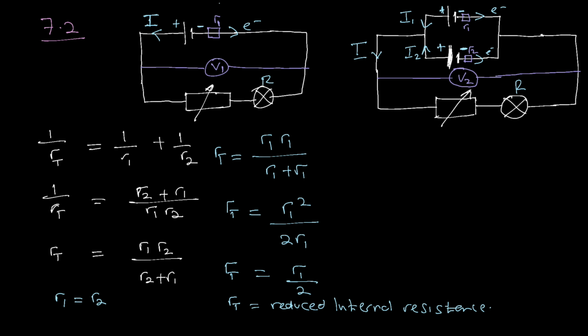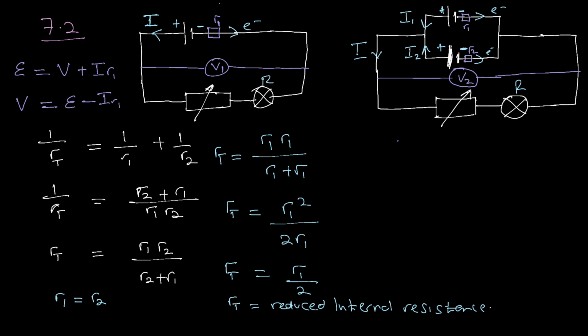And so what we will get is that for the first cell, the electromotive force is terminal PD plus I R1 for the internal resistance, and therefore terminal PD will be equal to electromotive force minus I R1.